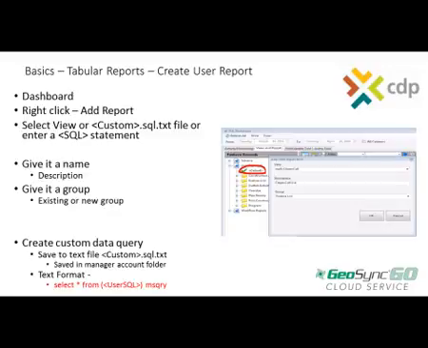You have three combo boxes you need to fill out: you need to identify the view or the custom selection information that you're going to use, give a description to this particular custom report, and then assign what group it's going to fall in. Those are the three things in order to add a user report or a custom report.